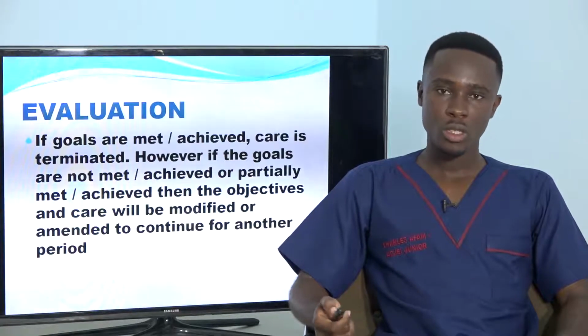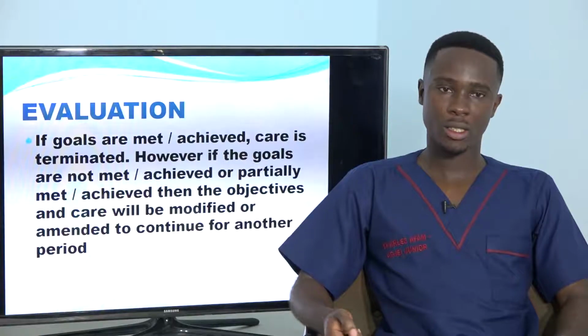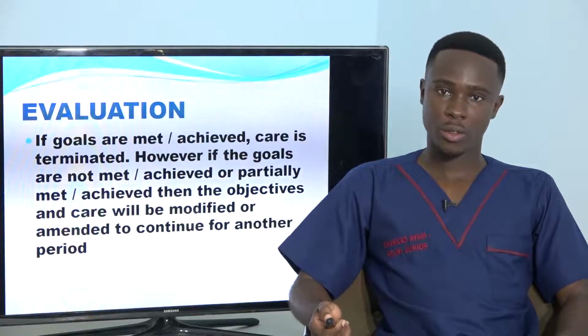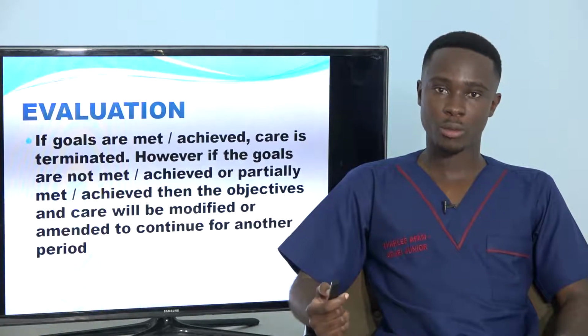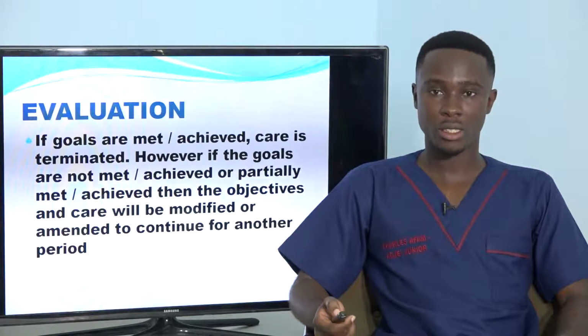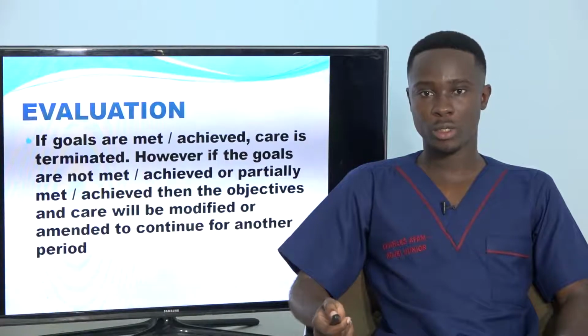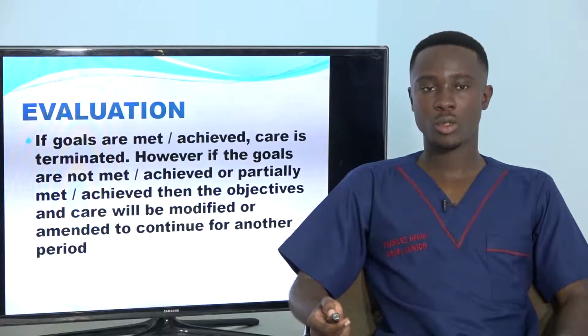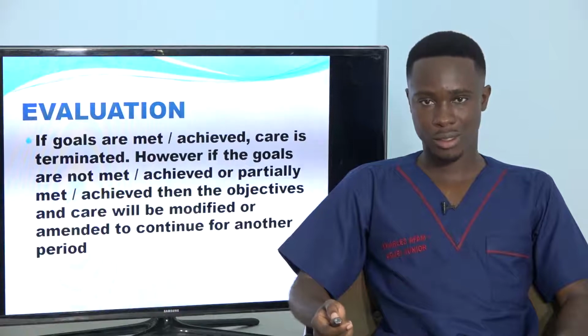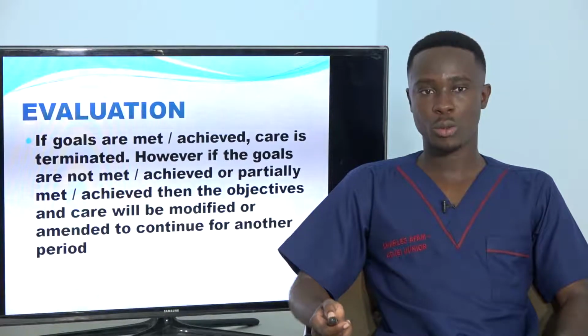So, the example I gave earlier, you have a measurability of wound healing by first intention. Then, at your evaluation point, you realize that the wound has not healed by first intention. Then you have to reassess and do what we call amendment of care.